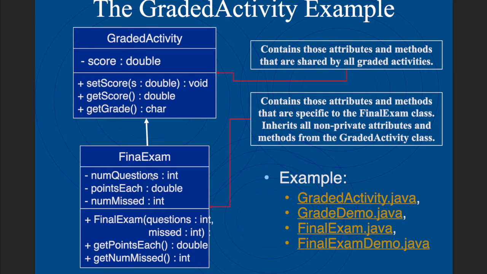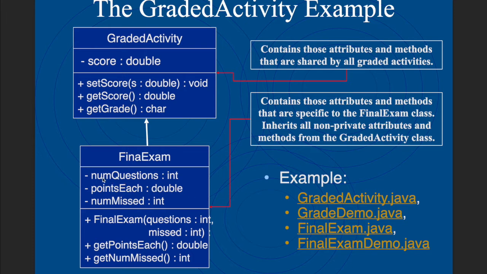And we can see here final exam class, which is a child or inherited class from superclass graded activity. This class contains fields and methods that are specific to the final exam class, and inherits all non-private attributes and methods from the graded activity class.